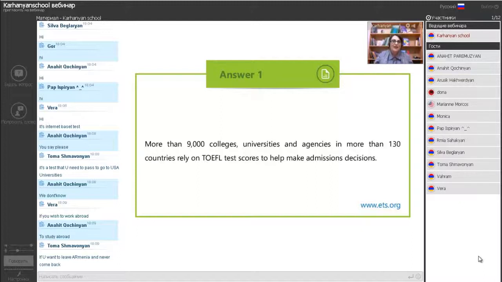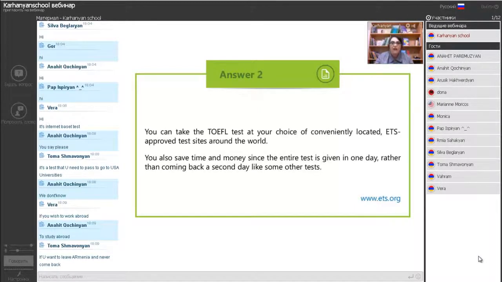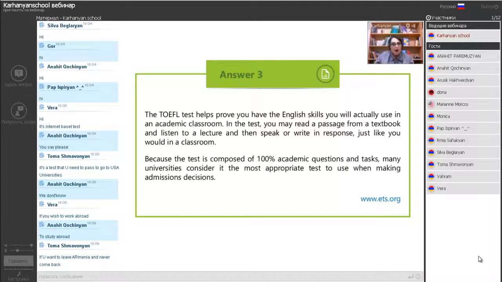Yes, you're right. So by taking the TOEFL test, you can apply to a range of colleges and universities abroad. You can also apply for work abroad. You can also use the TOEFL test to test your proficiency level, just for yourself.